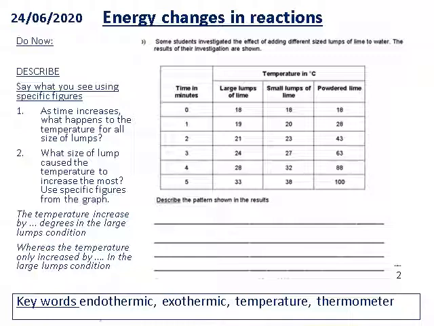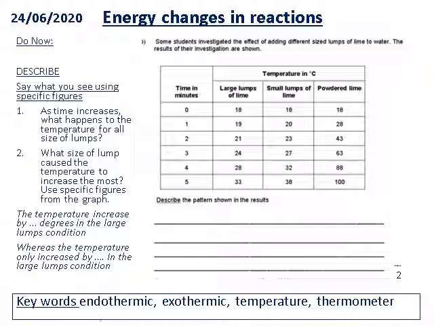So you've got 3 categories, so 3 different conditions. There's large lumps of lime, which is just limestone, small lumps or powdered, and you're measuring the temperature of each one when they're added to water. So as time increases, what happens to the temperature for each of the sizes of the lumps?